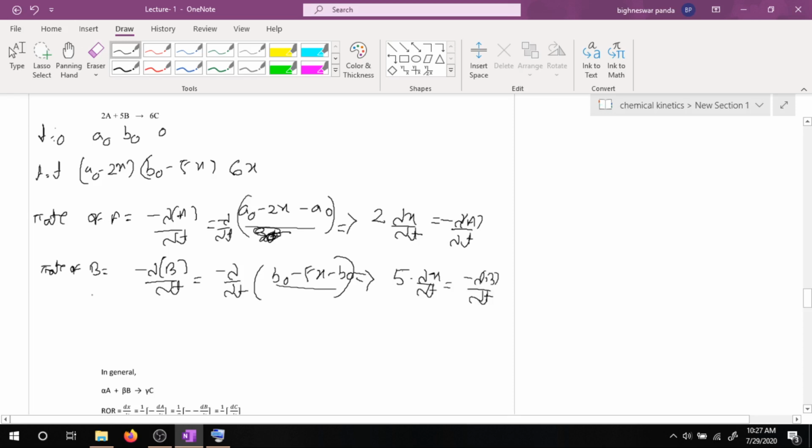Similarly, rate of C is equal to plus dC by dt, equal to d by dt of 6x minus 0, equal to 6 into dx by dt, that will be equal to plus dC by dt.